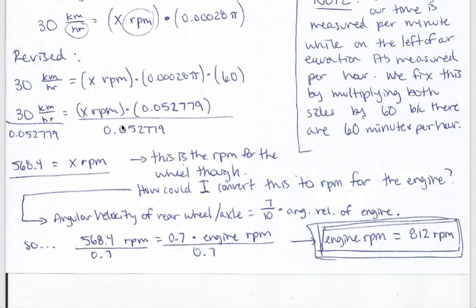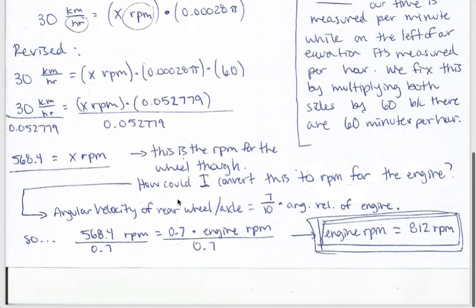But you've got to remember, where are these numbers coming from? The 0.00028 pi, that's the circumference of the back wheel. That is directly related to the rear axle, not the engine. So just a couple of important things to remember. But yeah, your final answer would be 812 RPMs.